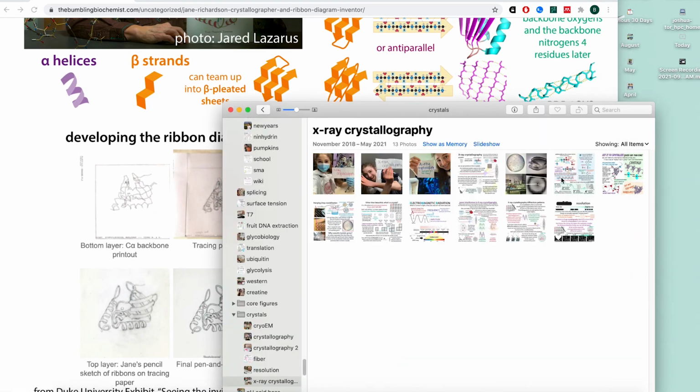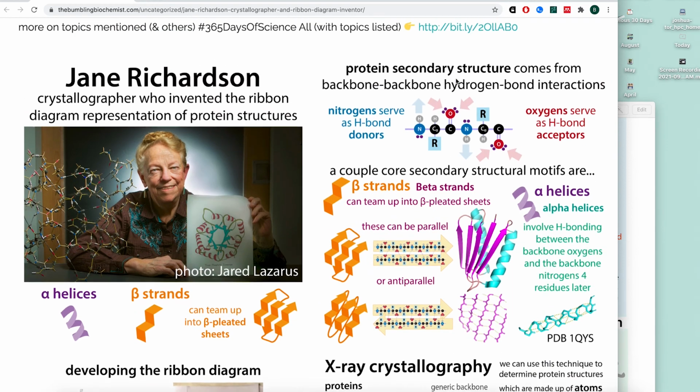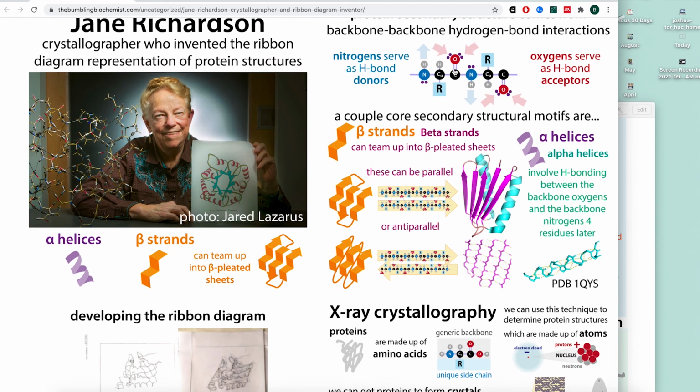Proteins are long strands of amino acids, which are like individual letters, and then they fold up into these complex shapes. And she realized the shapes are important. She focused a lot on the secondary structure, the interactions that involve the backbone of the protein, and they can form these common motifs.